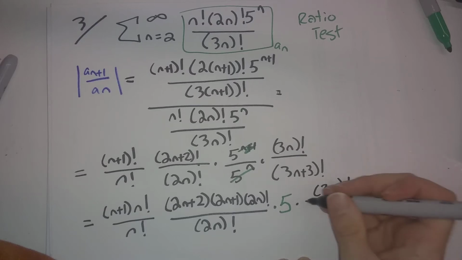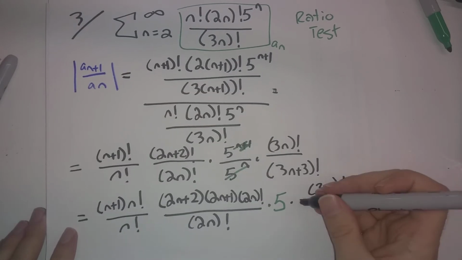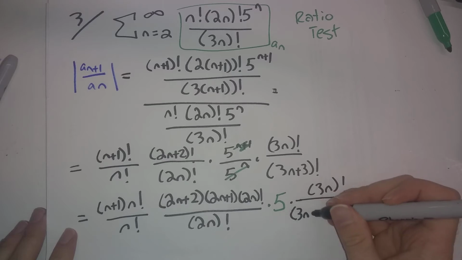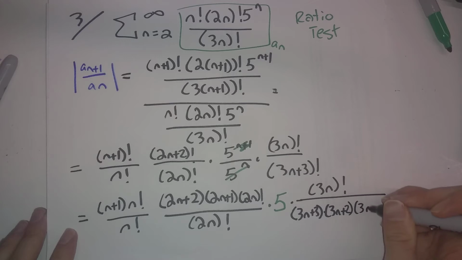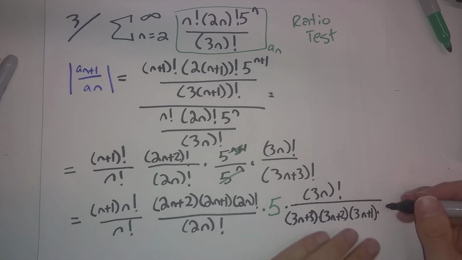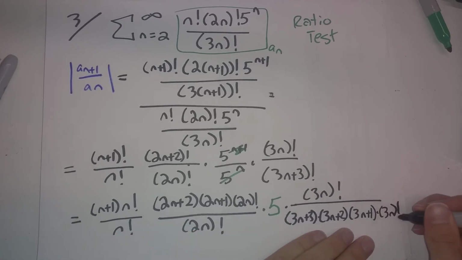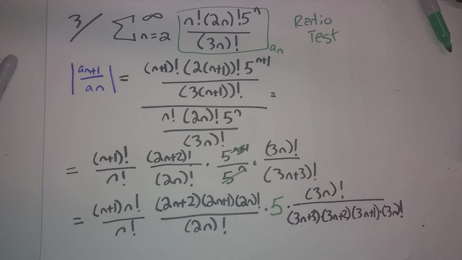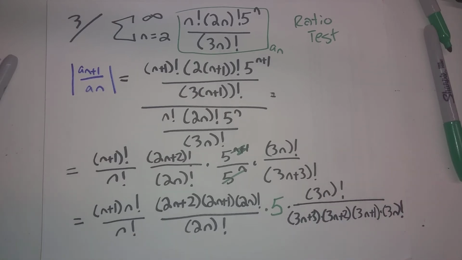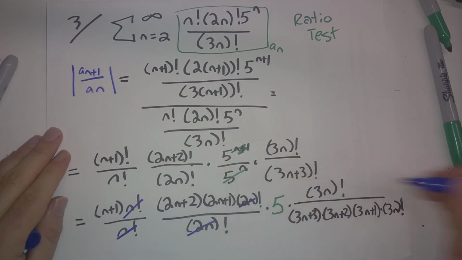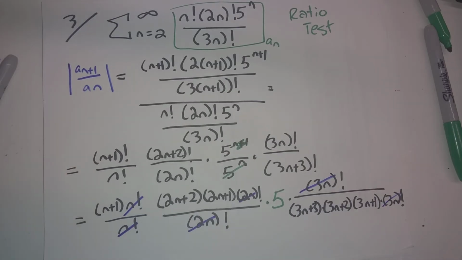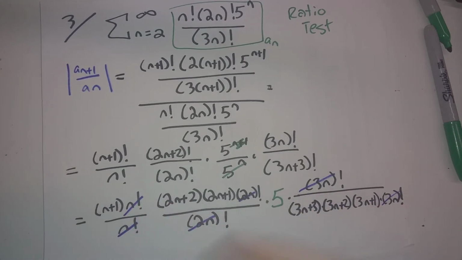And then finally, what do we do with (3n plus 3) factorial? We can spin off factors of (3n plus 3) times (3n plus 2) times (3n plus 1), and all of that times (3n) factorial. Okay, so let me do some cancellations. Those cancel, and those cancel. So let's move it to the next piece of paper.